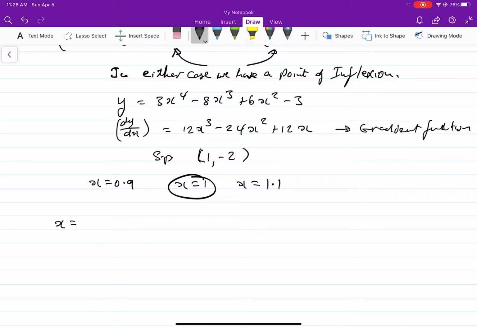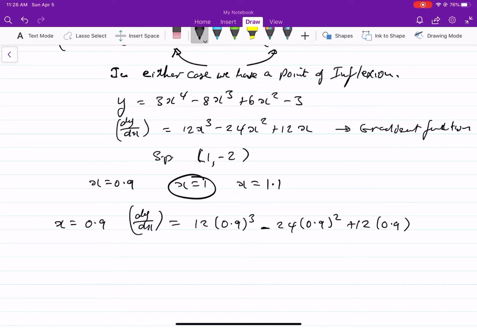So when x is equal to 0.9, dy/dx is equal to 12 times 0.9 all cubed minus 24 times 0.9 squared plus 12 times 0.9. And that value ended up being a positive 0.108.